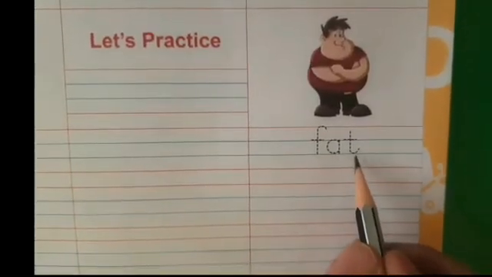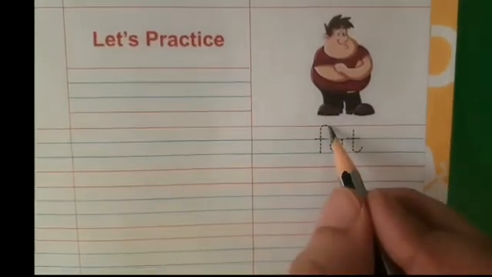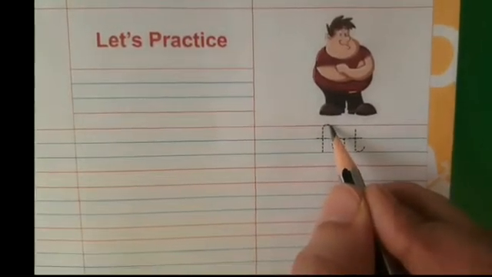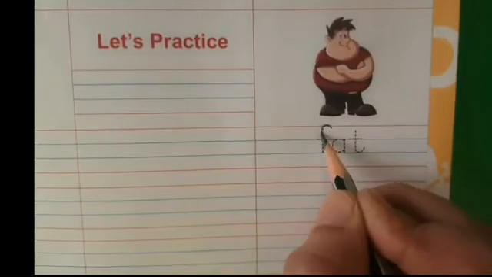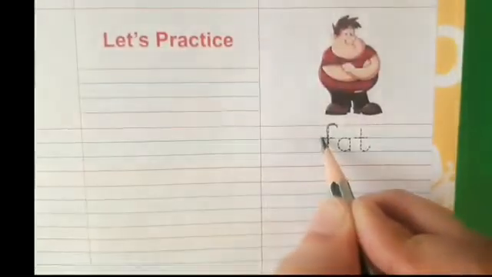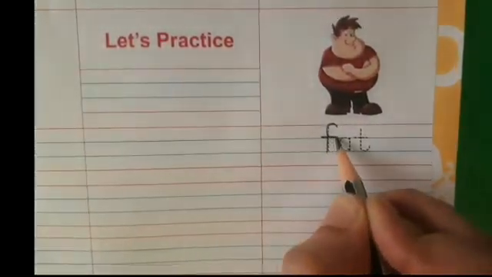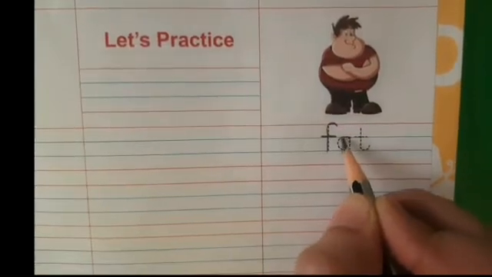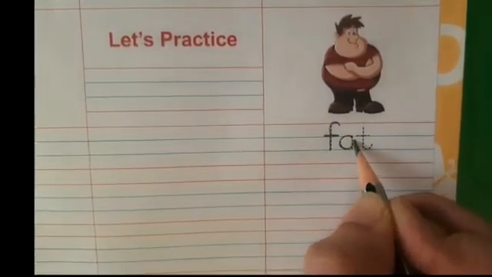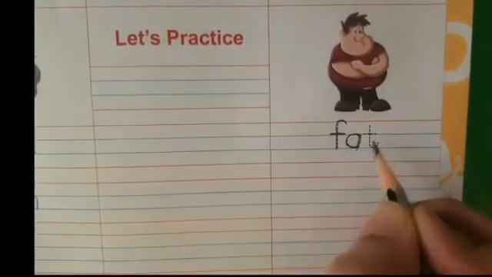F-A-T, fat. For F, a curve from the first red line, come down standing till the second blue line, and a sleeping line on the first blue line. C curve, go up standing, come down standing.